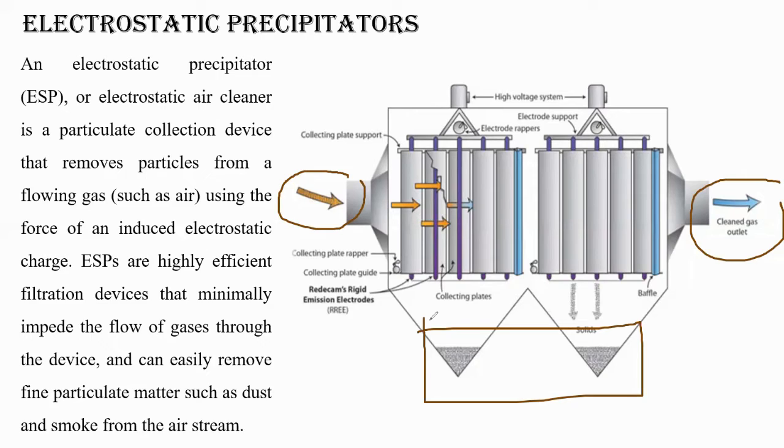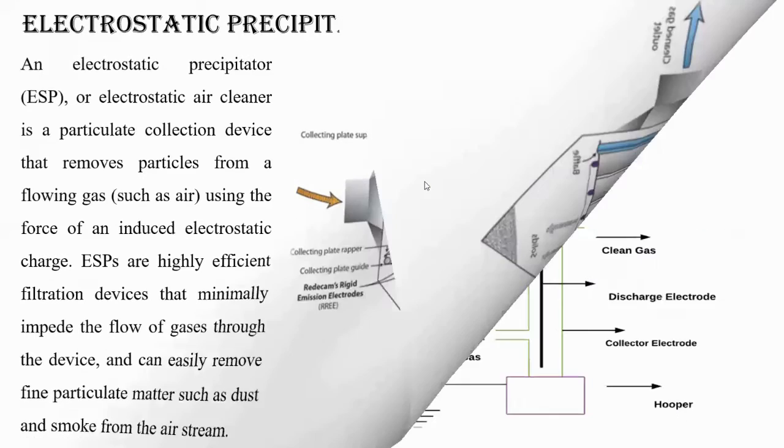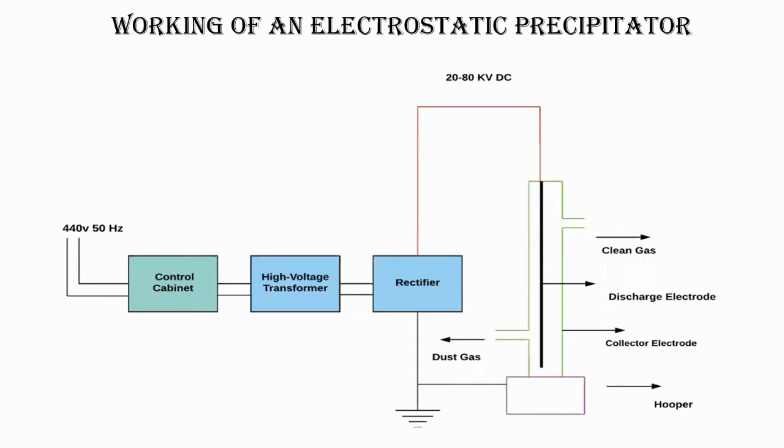They will be stored at the bottom of the device, right? Whatever we have shown here, and from the other end the clean air will flow out. Okay, now this is how an electrostatic precipitator works.